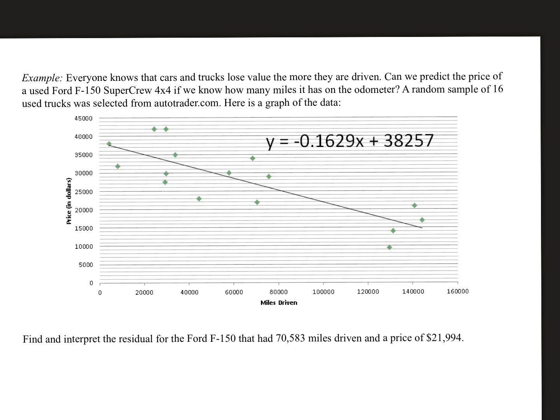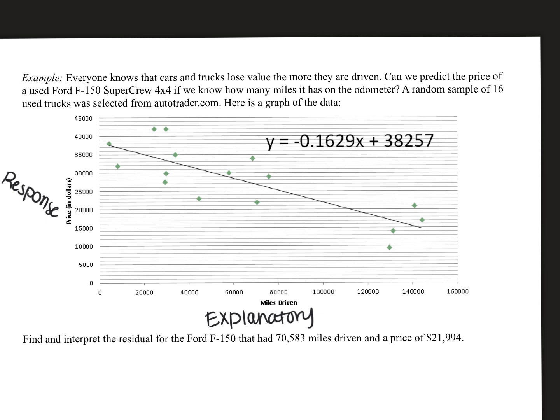So we have their miles driven on the x-axis, which is our explanatory variable. And we have their price in dollars on our y-axis, which is our response. And as we see, as your miles driven increases, your price decreases, which makes sense. The more miles a car has, the less money it will sell for.